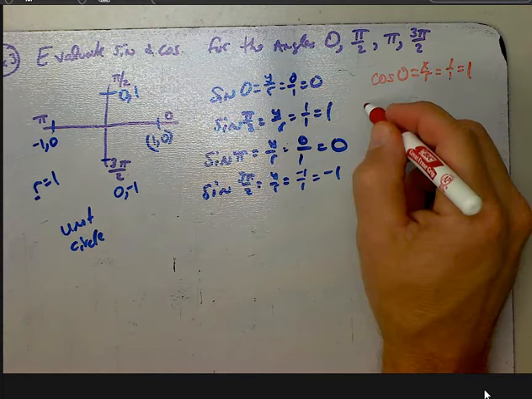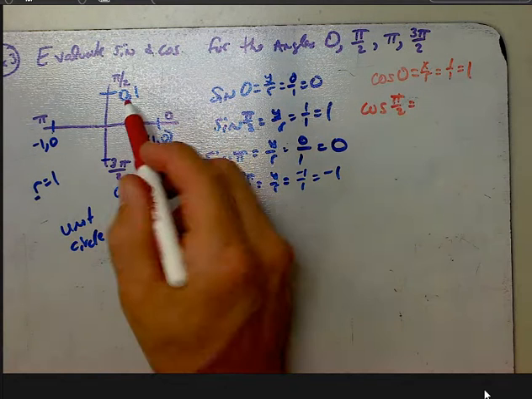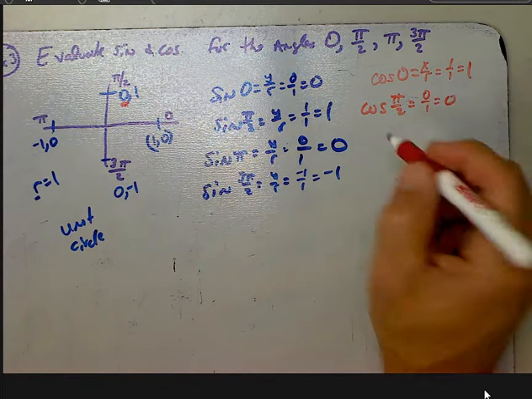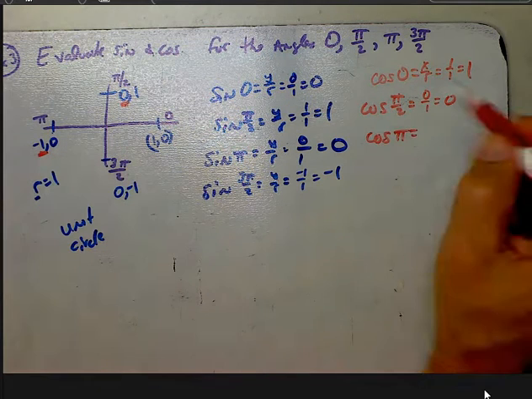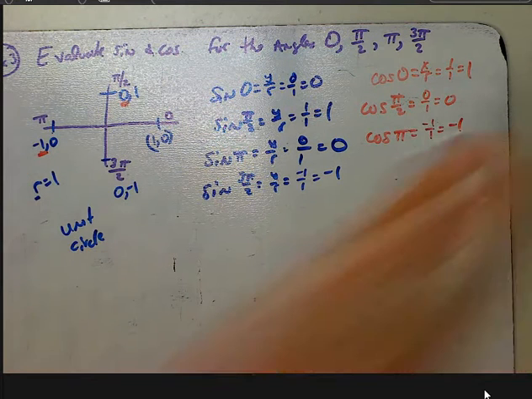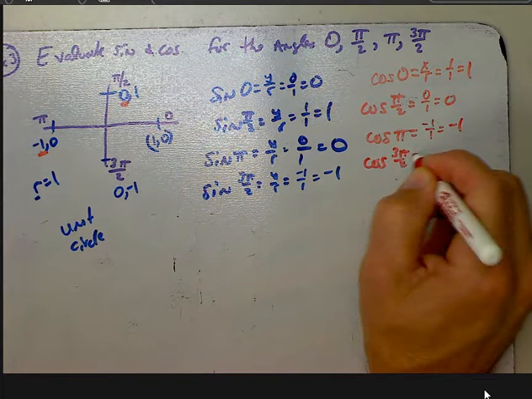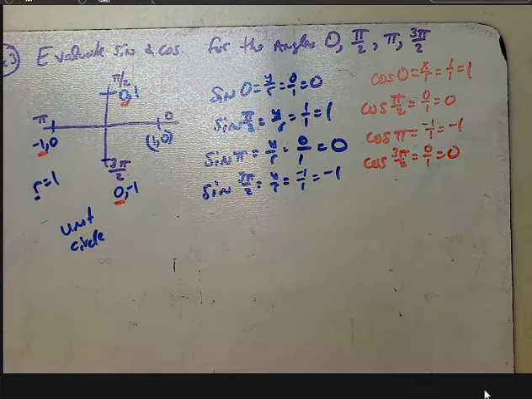The cosine of pi over 2 being x over r again, the x is 0, so 0 over 1, which is 0. The cosine of pi, x is -1, so -1 over 1, which gives us -1. And then the cosine of 3 pi over 2, x is 0, 0 over 1 again is 0. And there's how we evaluate those things.